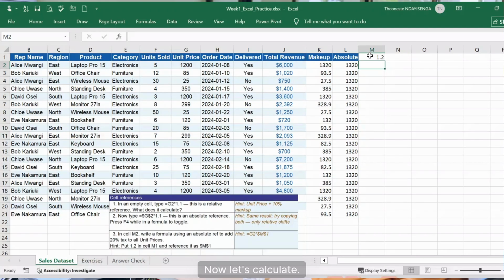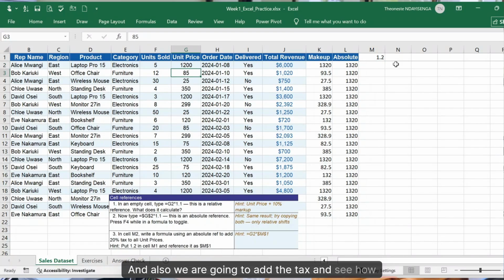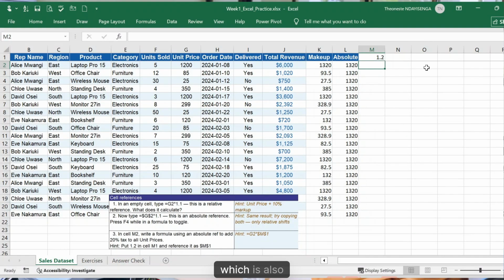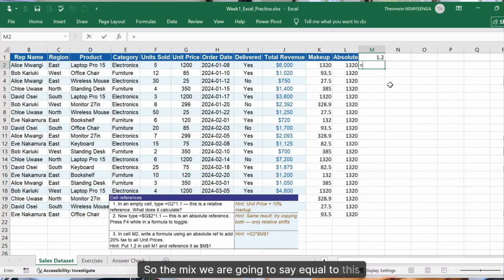Now let's calculate. This is the unit price of the computer, this is the unit price of the office chair, and we are going to add the tax and see how much you can pay. We are going to use absolute reference and mix it with this one, which is relative. So the mixed formula is equal to this times this one, which is our tax amount already.